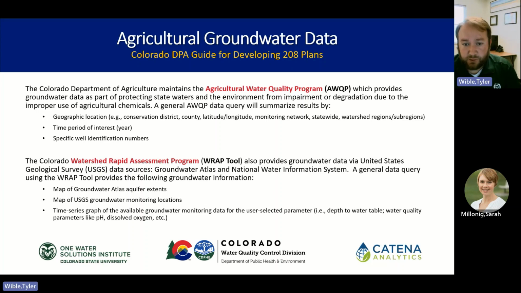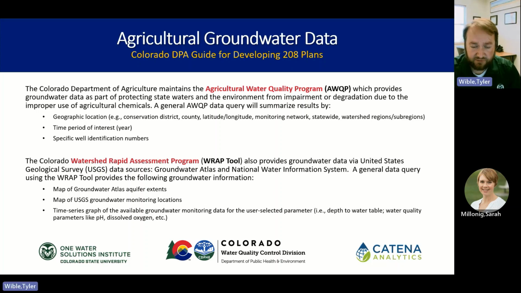Today, we're actually going to go over two different tools where two different types of data sit relating to groundwater. The first one is the Agricultural Water Quality Program, AWQP. This is a program through the Colorado Department of Agriculture that has been surveying groundwater quality across the state for a number of different years.